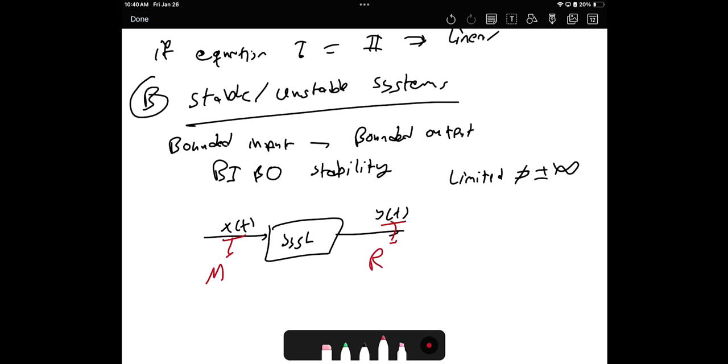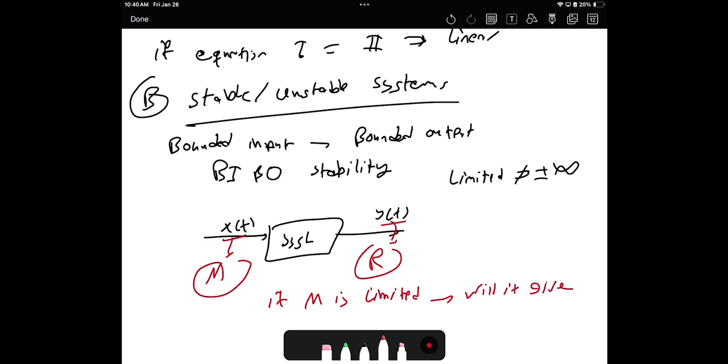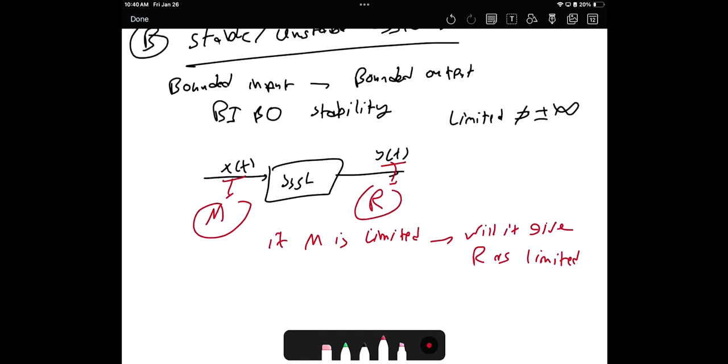So if m is limited, non-infinity, and both of these numbers are real constants, will m limited give r limited, or plus or minus infinity?